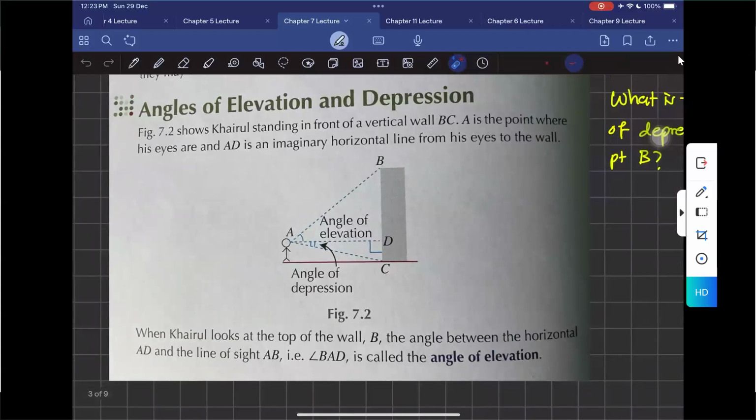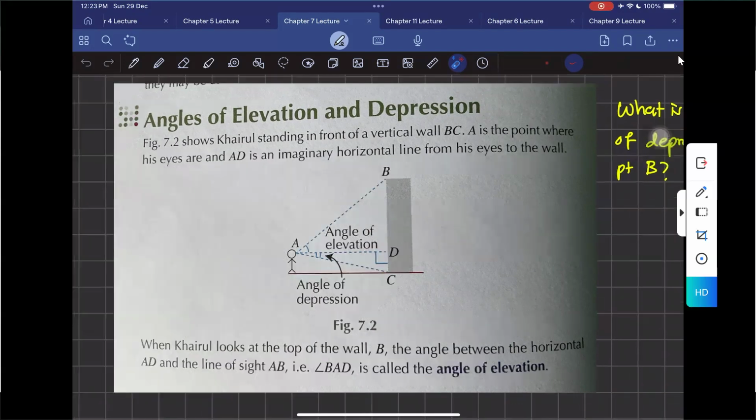Okay, so let's say I give you another question. Let's say you have a man standing here, and then he's looking at this man. Just assume that his eyes are over here.